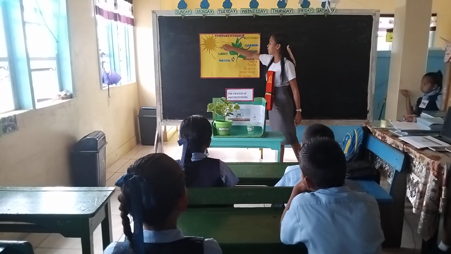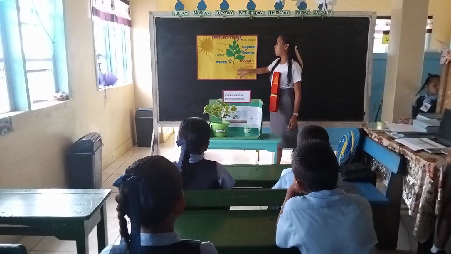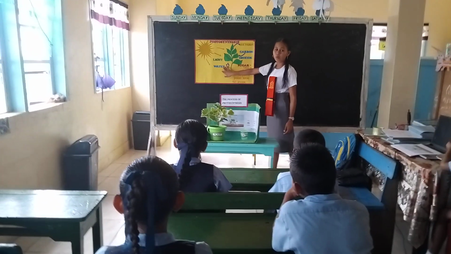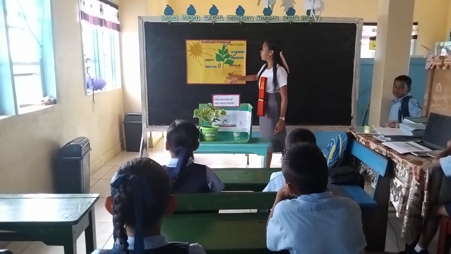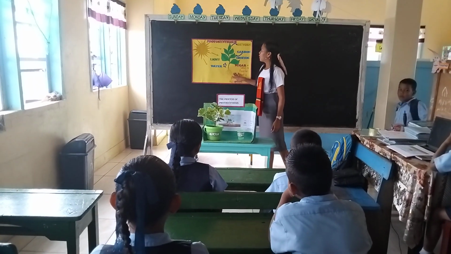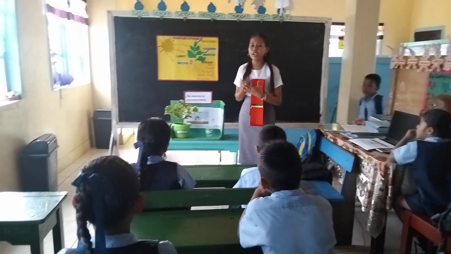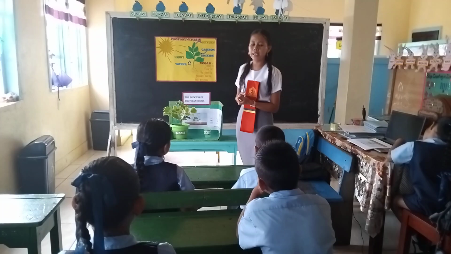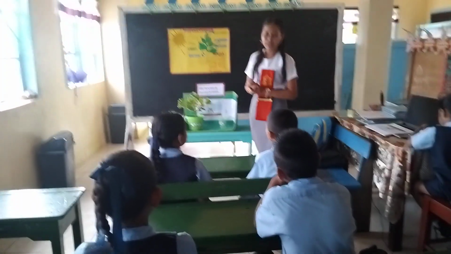The plant also needs light and water. Now the roots of the plant absorb the water, right? The roots of the plant absorb the water. And photosynthesis is the process by which green plants make their own food, right? Everybody know that?